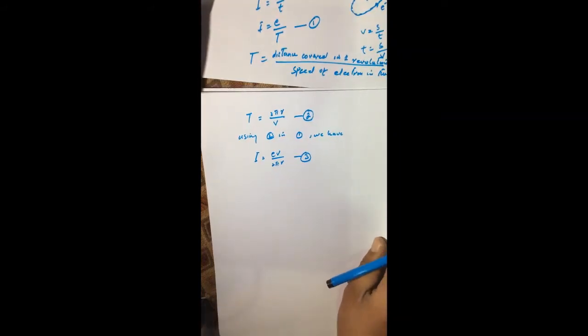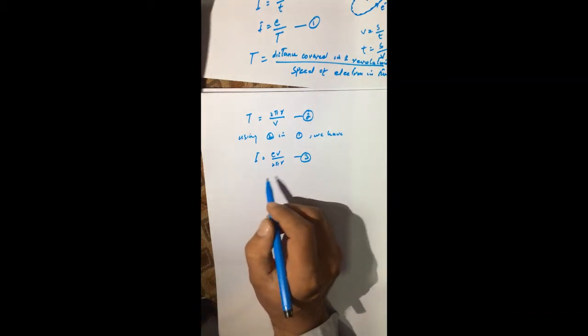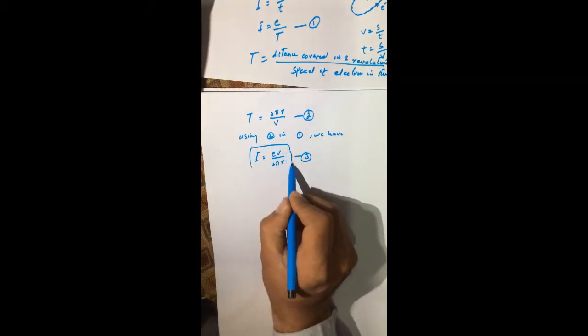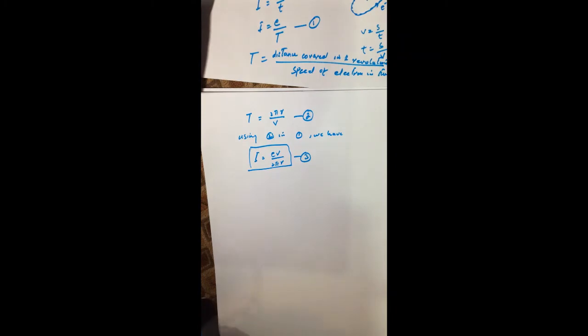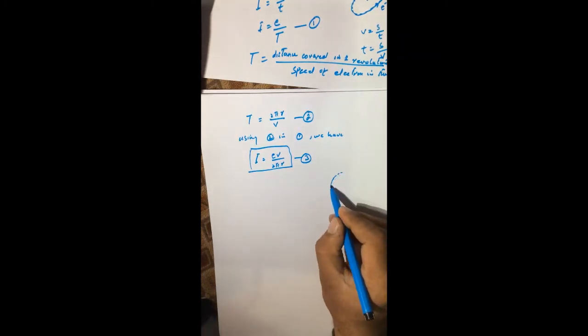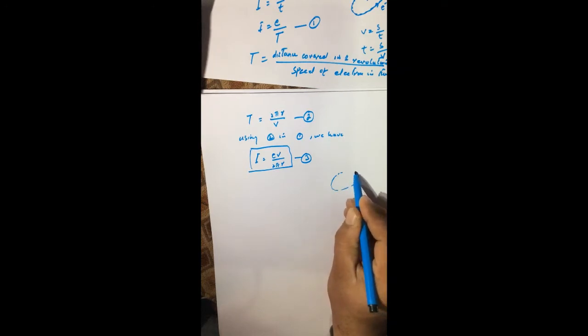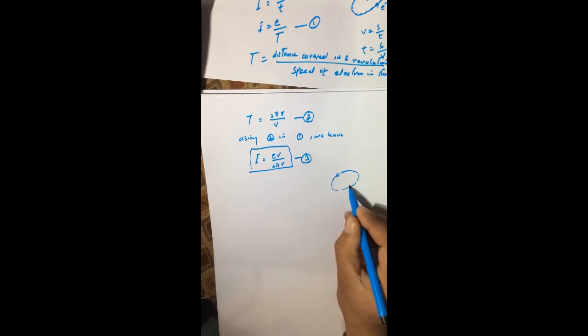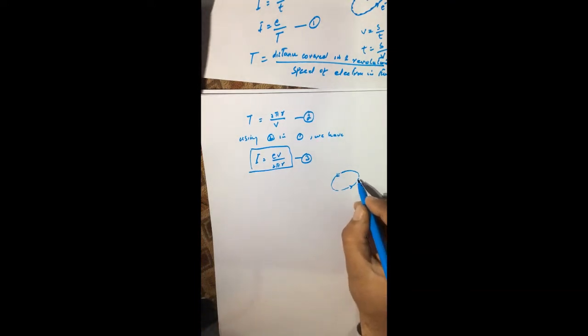Now this is the current generated by the motion of electron in the orbit. Since electron is moving in anticlockwise way, the direction of conventional current is clockwise.